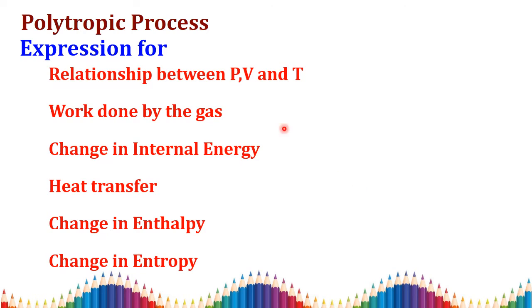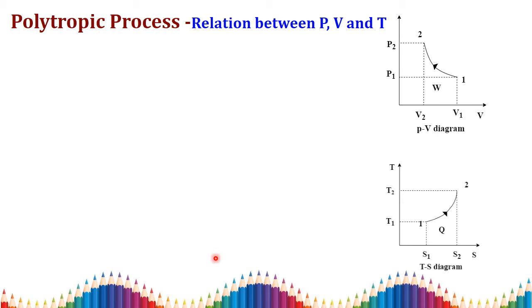We are going to derive a relationship between pressure, volume and temperature, work done by the gas, where work done is equal to the integral of PdV, and change in internal energy, heat transfer, change in enthalpy and change in entropy. First, we are going to derive a relationship between PVT for the polytropic process.